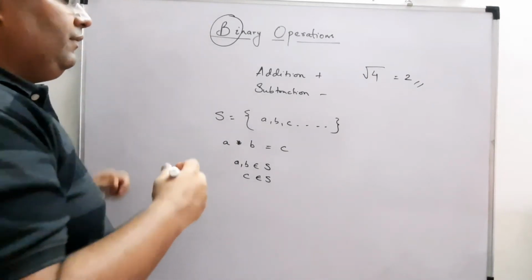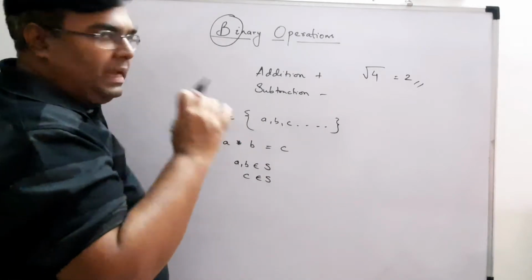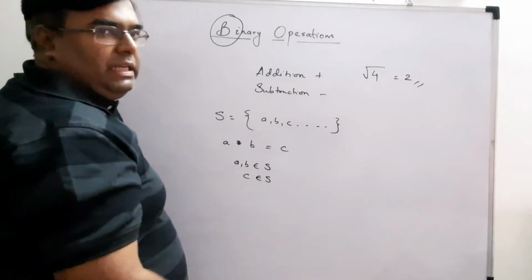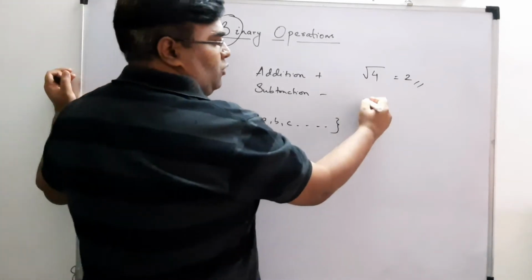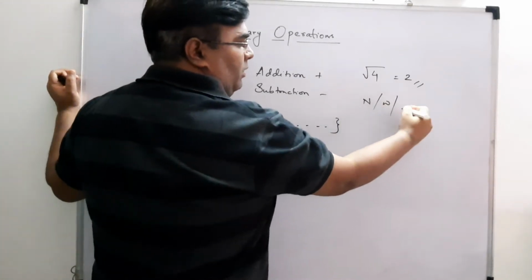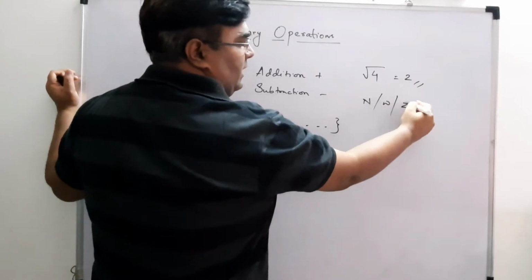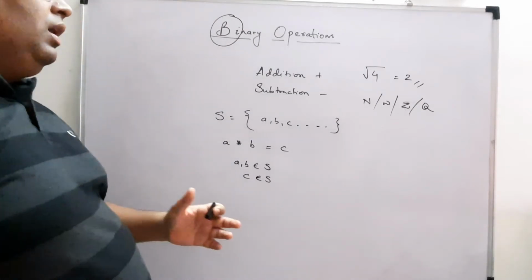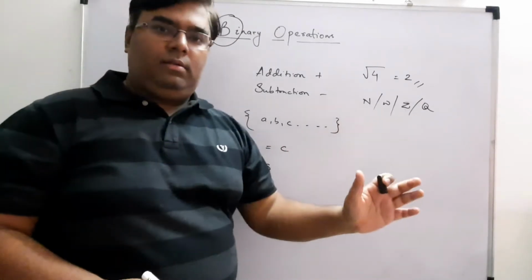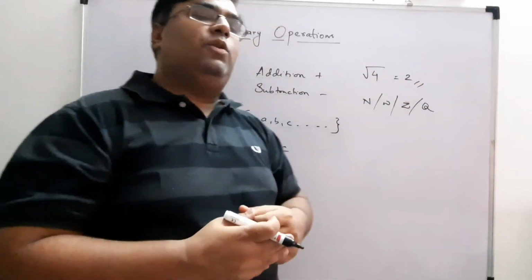So if you talk about addition, addition is binary in any set. You can say natural number, whole number, integer, which we generally represent as Z, then rational number. So these all are binary. Addition is binary in every set, you can say.